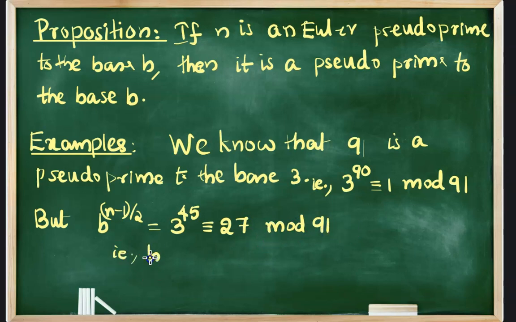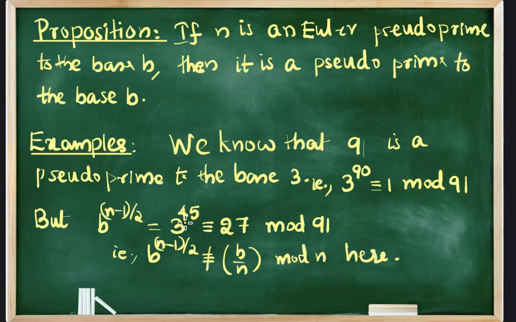Therefore, b raised to (n-1)/2 is not congruent to the Jacobi symbol (b/n) modulo n here, since the value of the Jacobi symbol will be either 0 or plus or minus 1. Here b raised to (n-1)/2 is not congruent to any of these values.